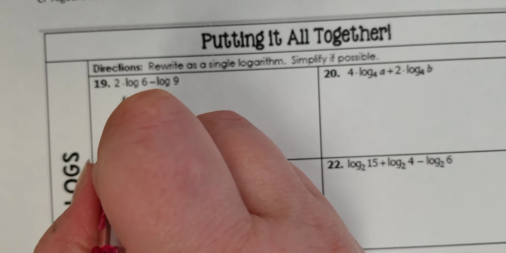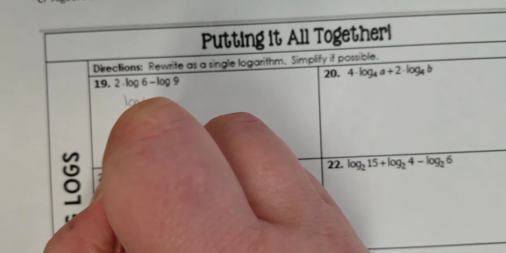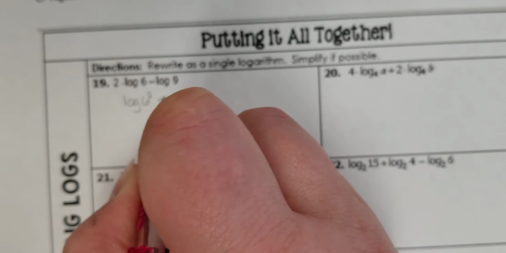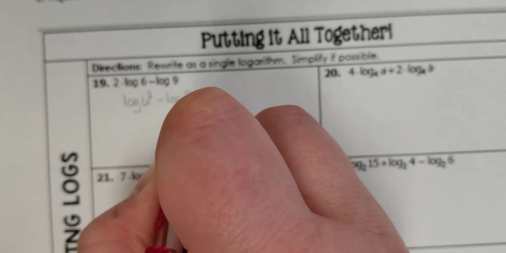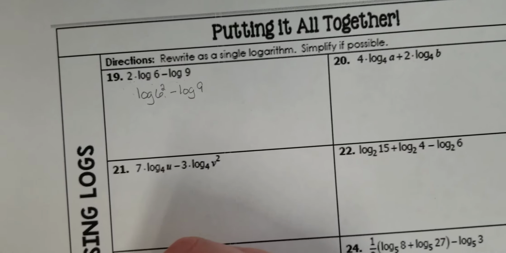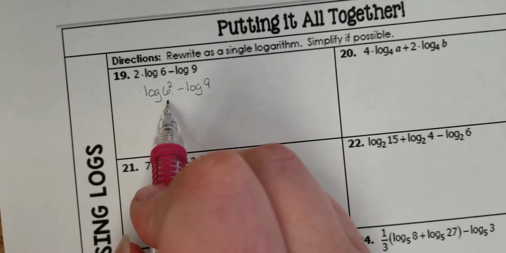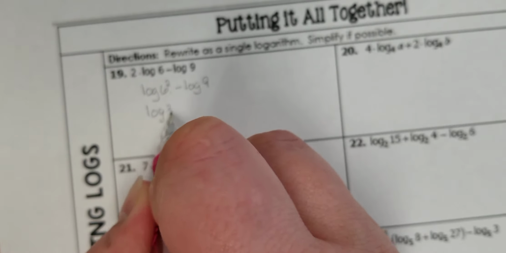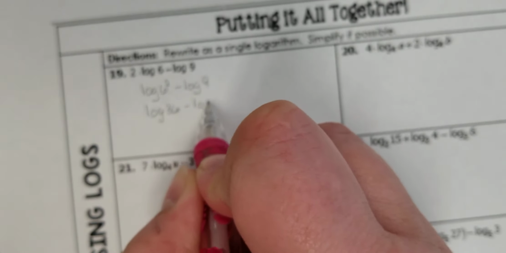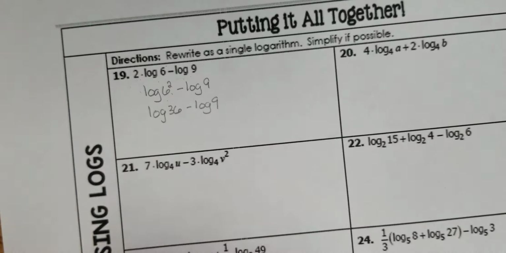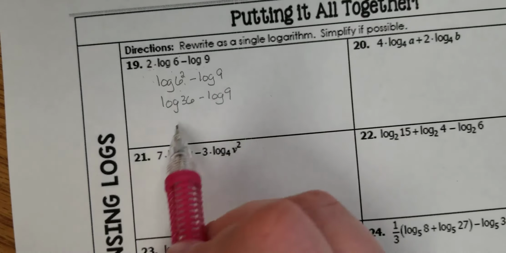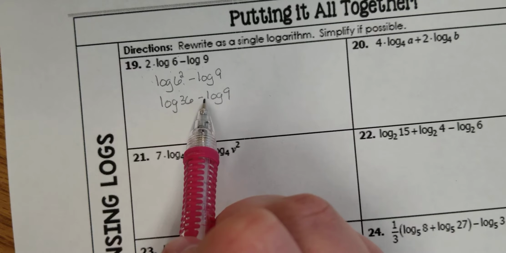So this one is going to become log of 6 squared minus log of 9. All right, now we're going to change this 6 squared into log of 36 minus log of 9. And now we can use the quotient rule because we have subtraction.